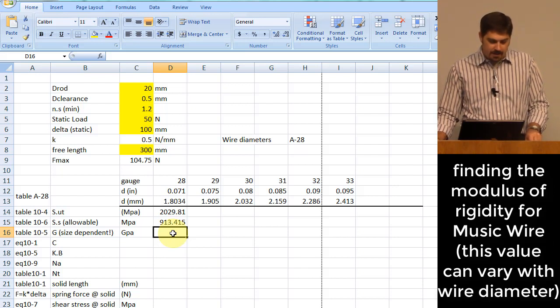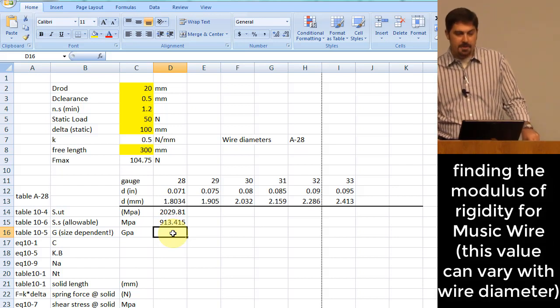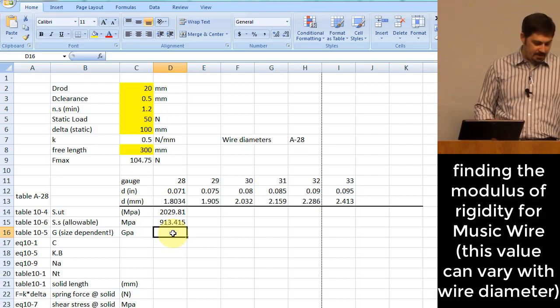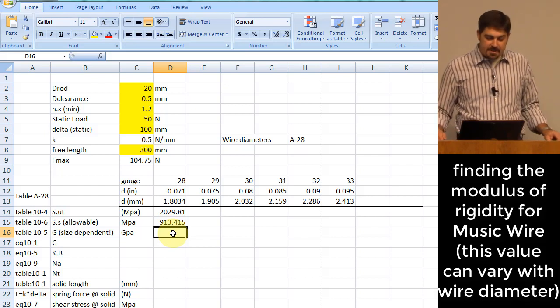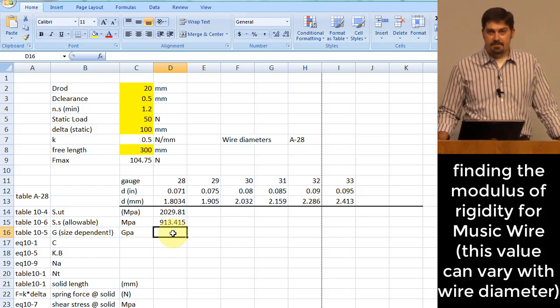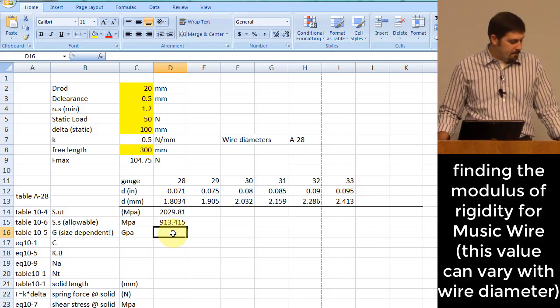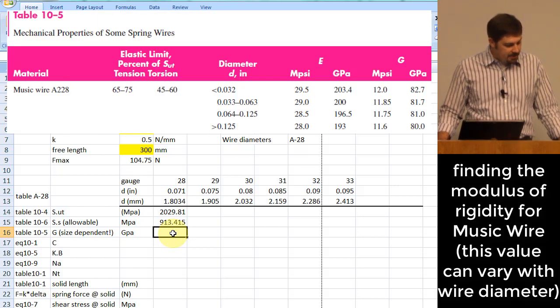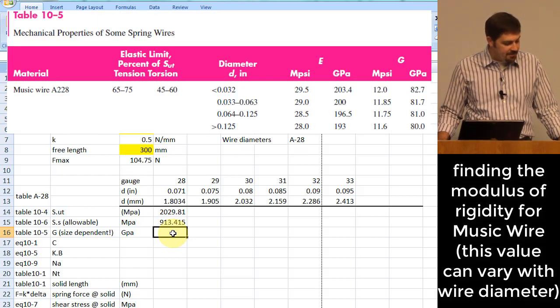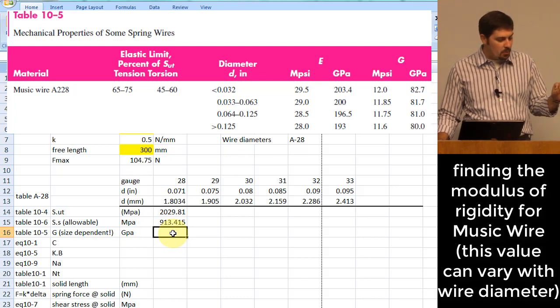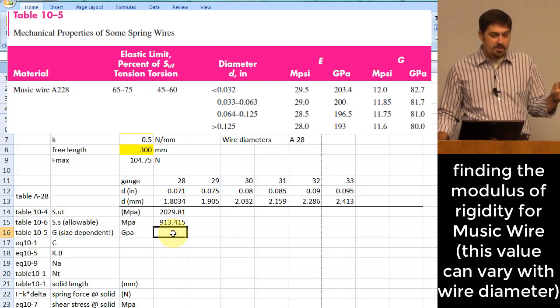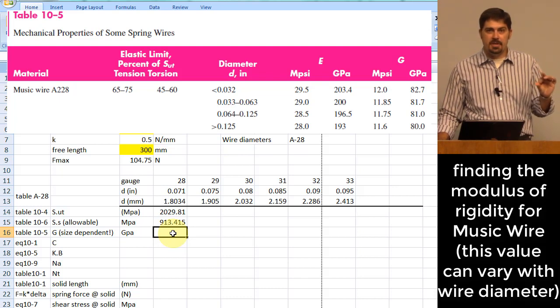All right. The next thing we need to deal with is another material property, and that is the modulus of rigidity. Unfortunately, this is also not something that is just constant. So what we need to do for that is go to table 10.5. You'll notice that they describe a few different ranges of sizes of the wire, the diameters of the wire, and within a range of diameters, we'll assume that the modulus of rigidity remains relatively constant.